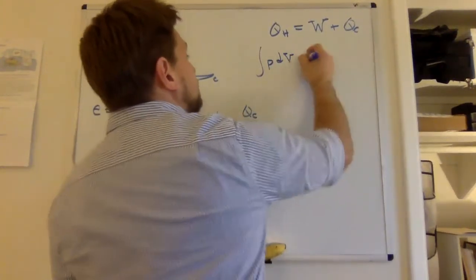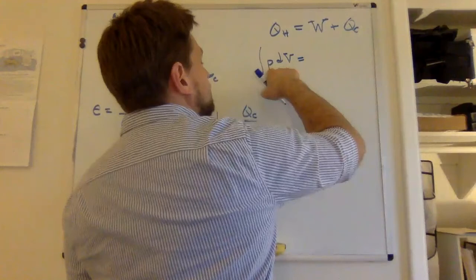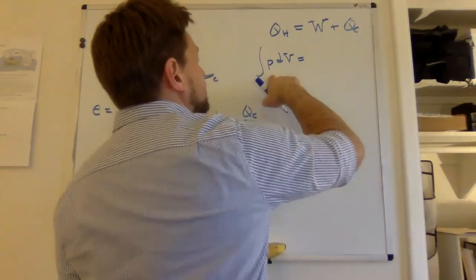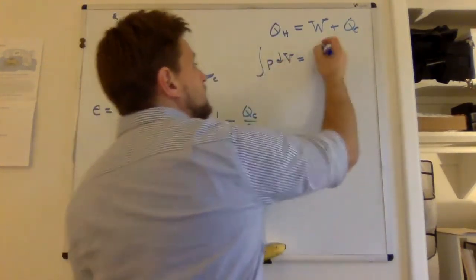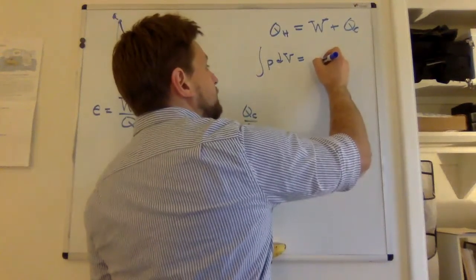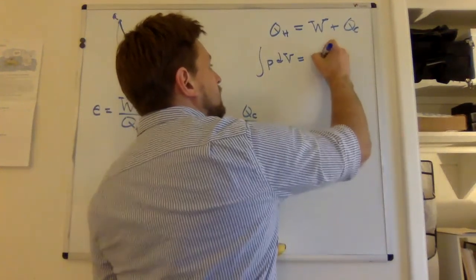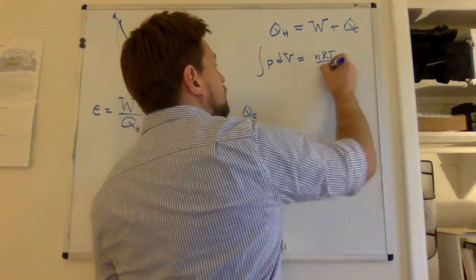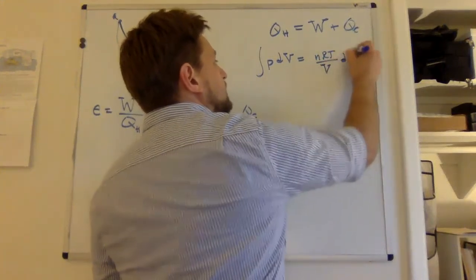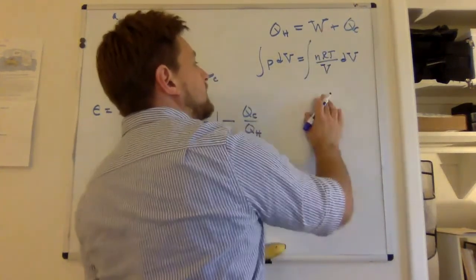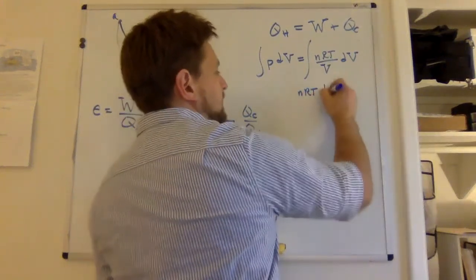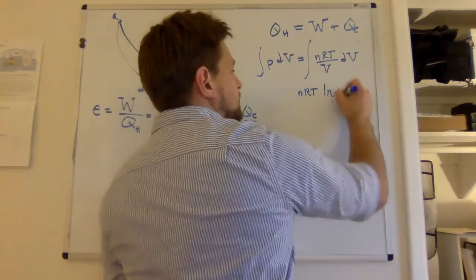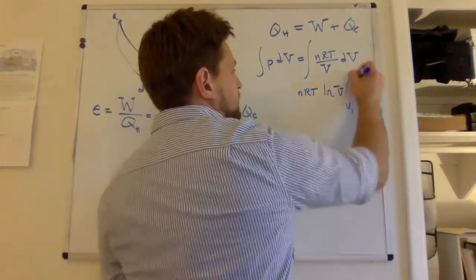If it's isothermal, then the temperature is constant. Pressure is nRT over V dV, and we need to integrate that. nRT is constant. We could pull that out, and we're talking about the natural log of V from V1 to V2. Okay, great.